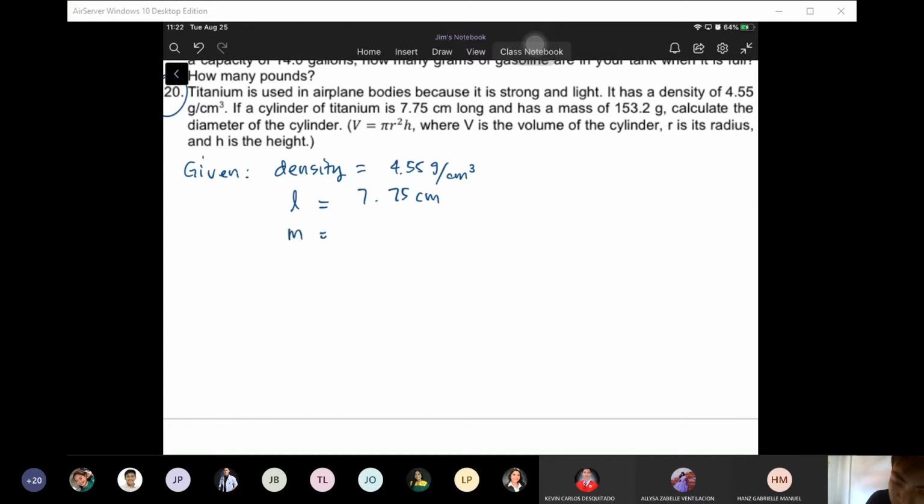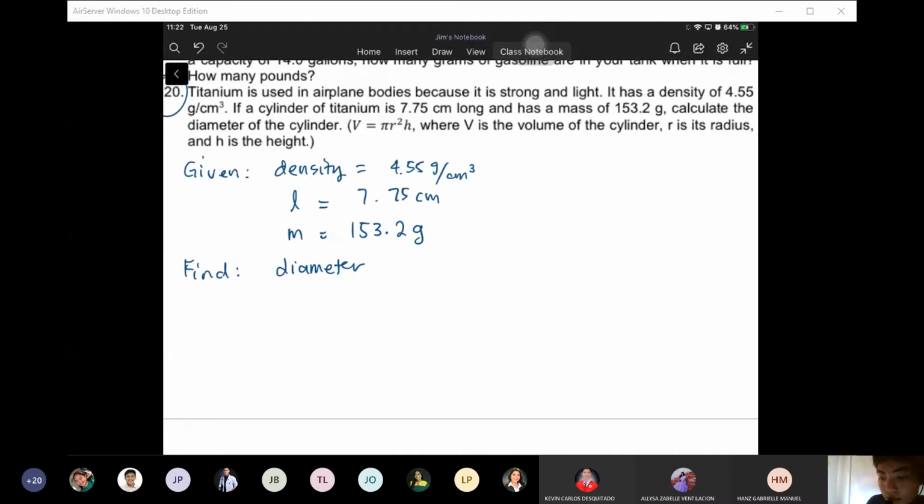The mass of the cylinder being 153.2 grams. Those are the given information, and we will see if we will be able to solve for the diameter.